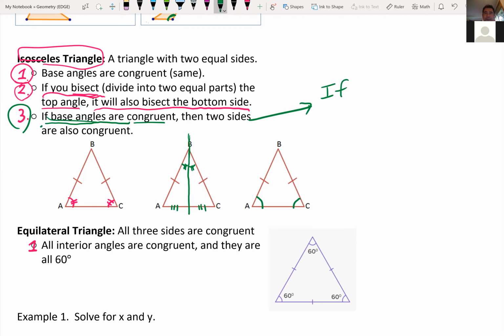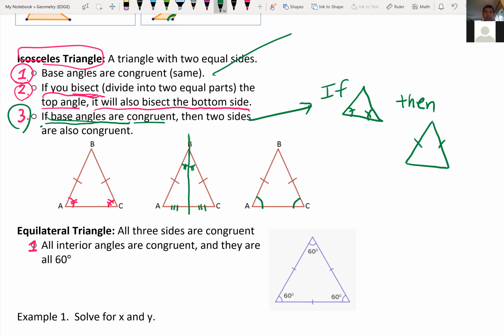It is saying that if the bottom angles are equal, okay, then the triangle's two sides are also going to be equal. Okay, it's kind of like a reverse of number 1.